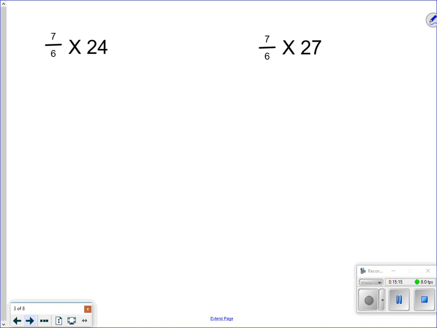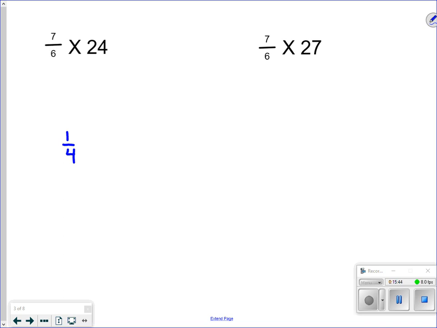Remember how before when we were doing our fraction parts, guys, quit writing real quick. When we did 1/4 of 8, we ended up with 2. And we did 2/4 of 8, we got 4. And we did 3/4 of 8, we got 6. And we did 4/4 of 8, we got 8.